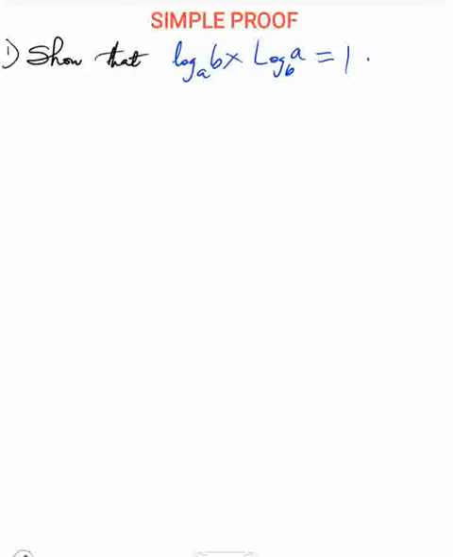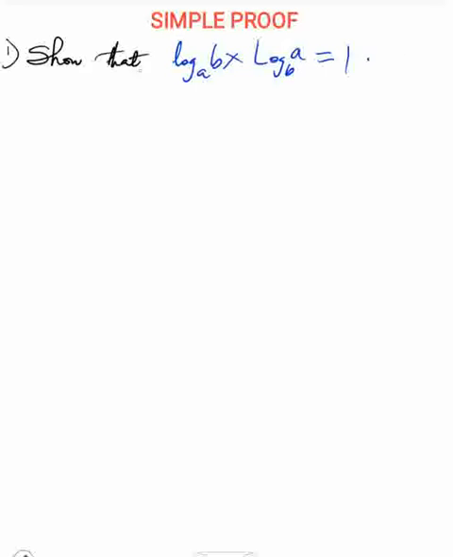Now, we have a question here to resolve using that change of logarithm base rule that we just stated. Here, that is simply what we're going to use. If we have log b base a times log a base b, we are required to show that this is equal to 1.